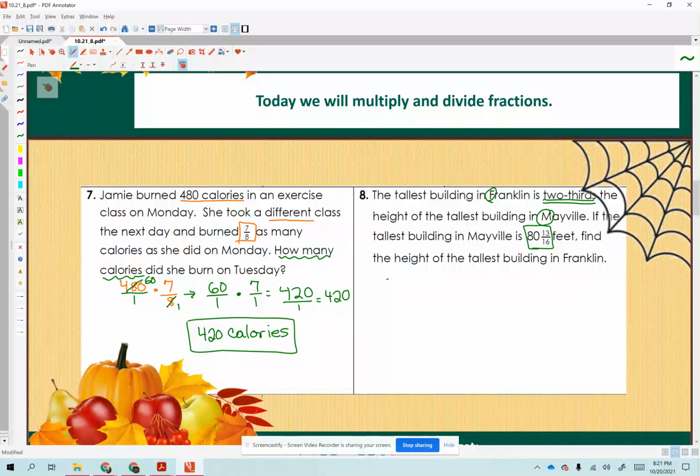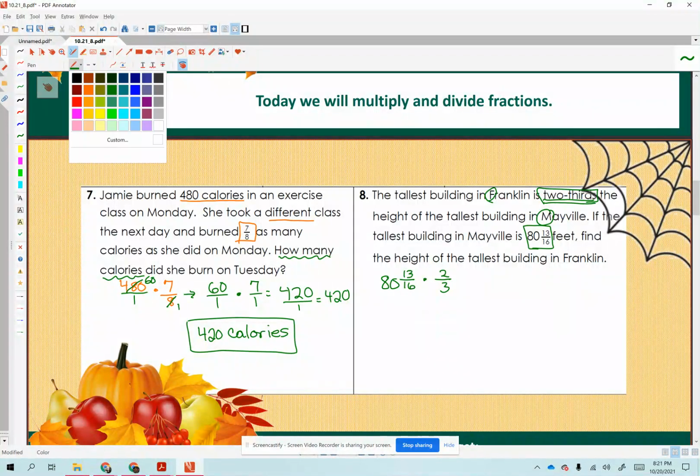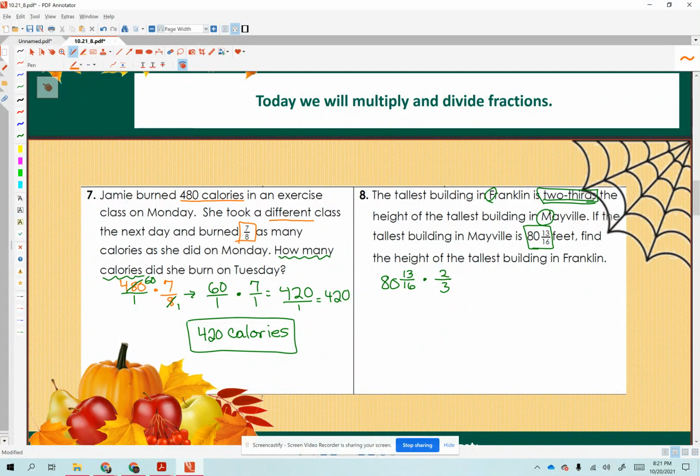So we're talking about multiplying 80 and 13/16 times this 2/3 to see how tall the building in Franklin is. Now we need to convert that 80 and 13/16 to an improper fraction. So you're going to need a calculator for this.